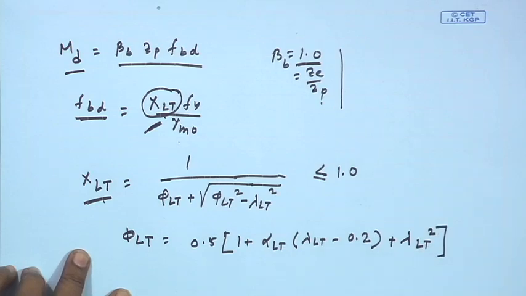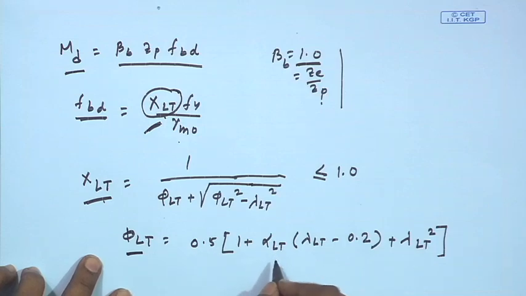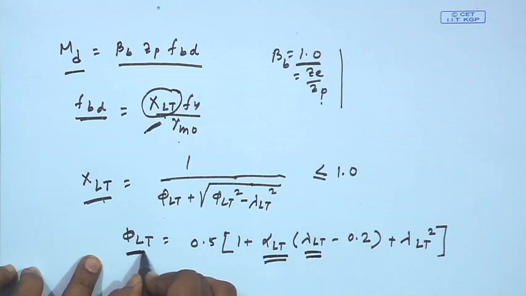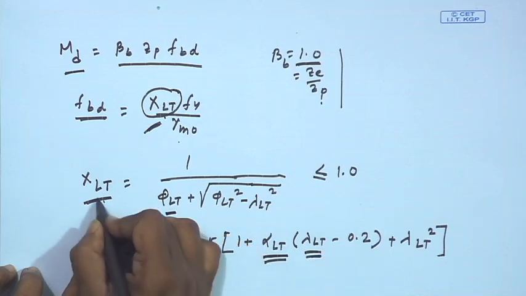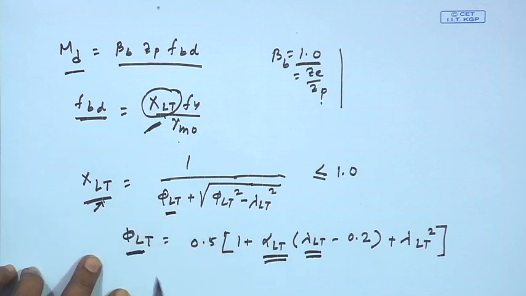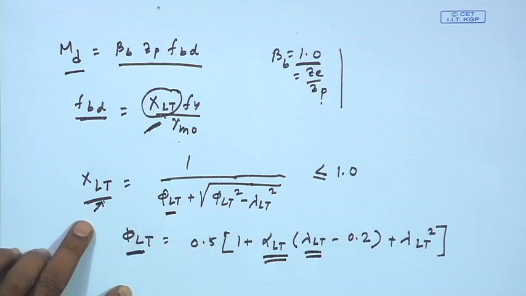right. So, phi LT value can be calculated from this expression, and we can see that there is a term which is alpha LT and also lambda LT, that non-dimensional slenderness ratio, that we have to find out. So, if we know the value of alpha LT and lambda LT, then we can find out phi LT, and if we know phi LT, then we can find out the value of reduction factor, that is XLT.